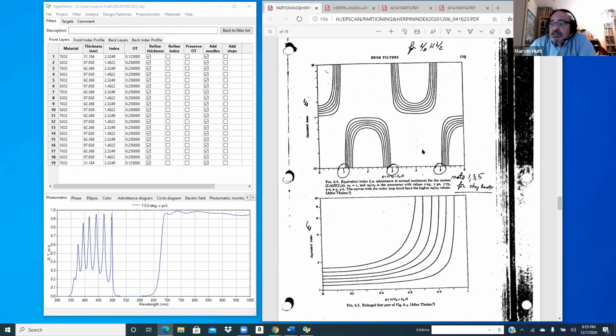Ooh, isn't this interesting? If I look and work in the first quarter over here, in this area, and I want to make an index between the 1.38 and the 1.75 or 2, all I have to do is put together one of these combinations so that I can put together any anti-reflection coating I want by making up a series of high-low oxides that I know very well.